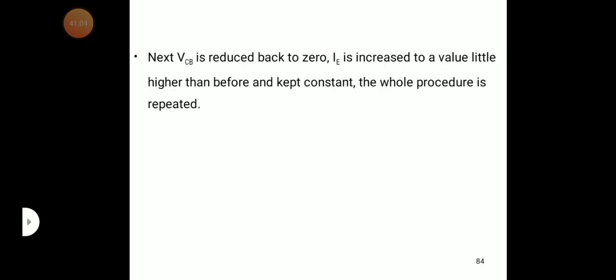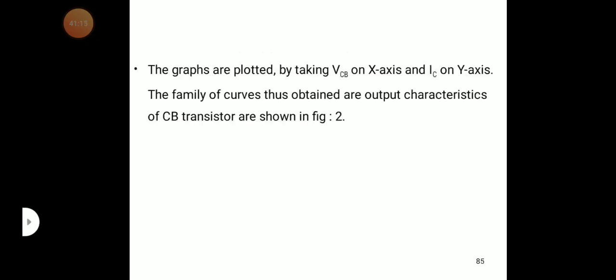Next VCB is reduced back to 0 and IE is increased to a value a little higher than the before value and kept constant. The whole procedure is repeated. The graphs are plotted by taking VCB on the x-axis and IC on the y-axis. The family of curves thus obtained are the output characteristics of the common base transistor, shown in figure 2.